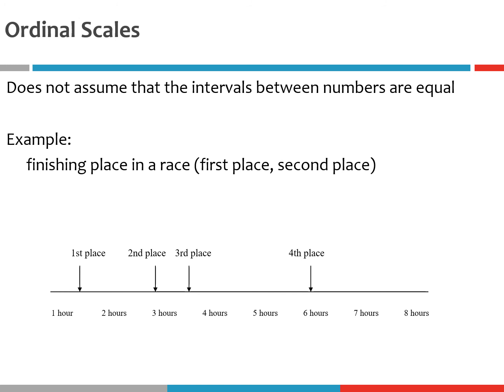However, the difference between first and second is not necessarily equivalent to the difference between second and third. The distance between first and second was longer than the difference between second and third, but shorter than the difference between third and fourth. So even though there's a natural ordering here, we don't assume an equal distance between any two numbers on the scale, okay?